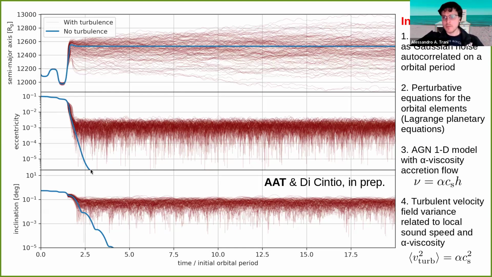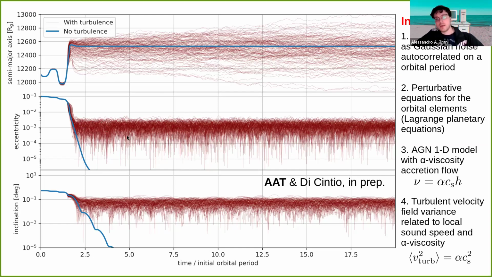Extremely cold. But if I add on top of the gas velocity a turbulent velocity field, what happens is, these are 150 realizations of the same evolution, except that I added different realizations of the turbulent field because it's now stochastic.